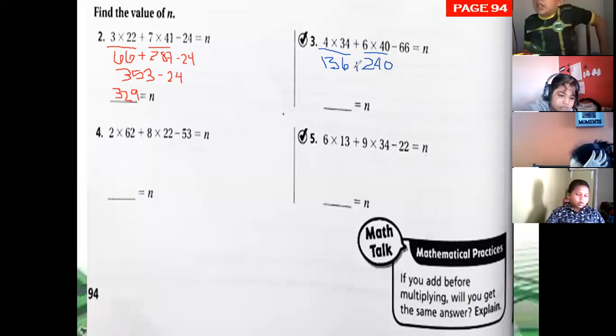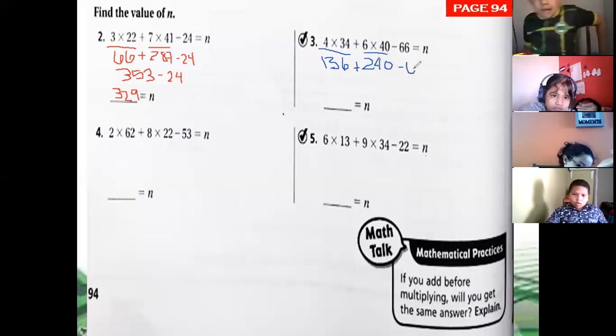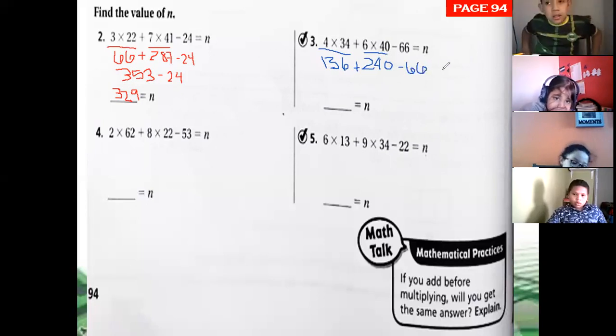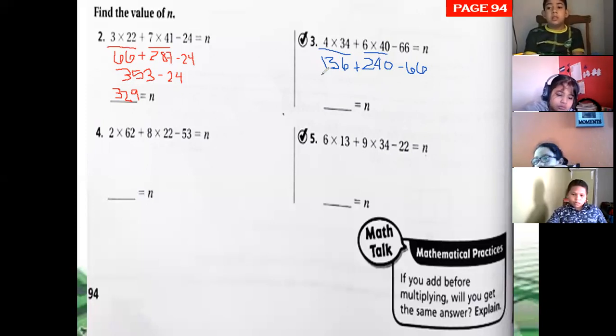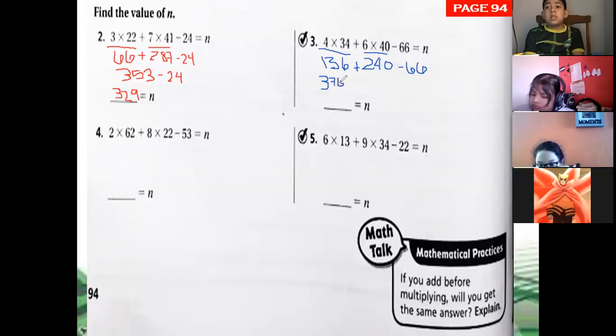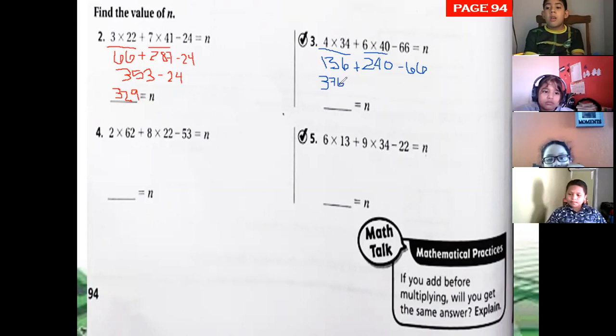So this is an addition, and I copy the rest of that exercise, minus 66. 136 plus 240, 376. Minus 66, 310. Okay.